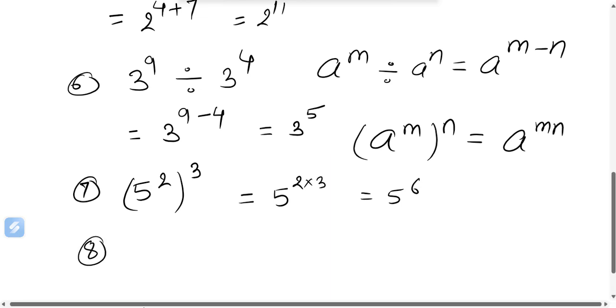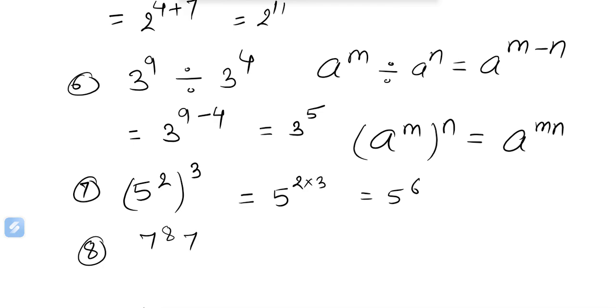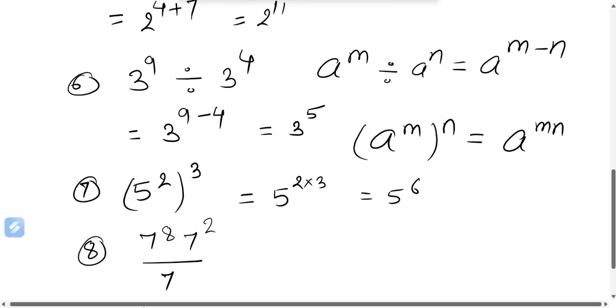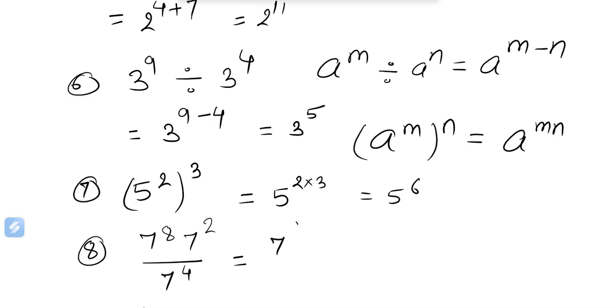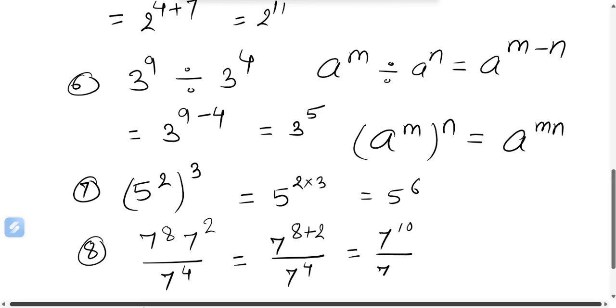Next example, if 7 has power 8, next 7 has power 2, and that is divided by 7 power 4. In this case, we do 7^(8+2) divided by 7^4, that you can write as 7^10 divided by 7^4. Because there is a division, you subtract those two exponents, and that gives you 7^6.